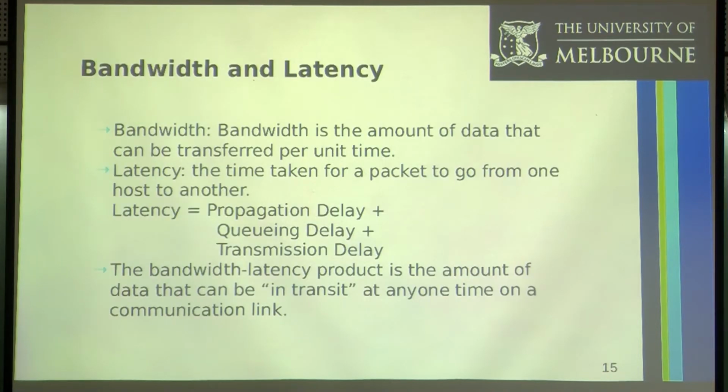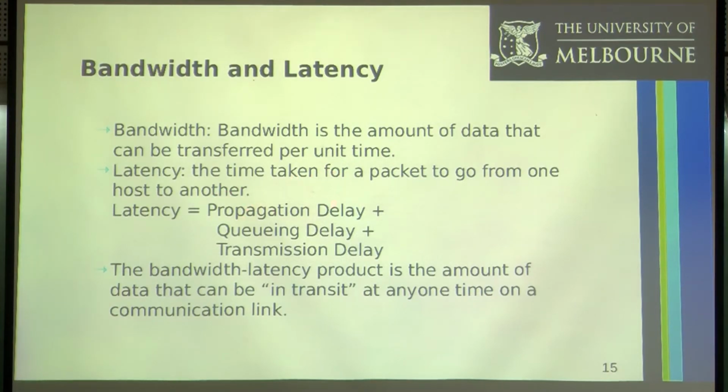What I wanted to get to was just a few things. So the bandwidth is the amount of data that can be transferred per unit time. You guys were talking about bandwidth as just the total amount of data, I think, in the slides before, but we always think about it in terms of per unit time, so many bits per second. And the latency is the time for the packet to get from one host to another.